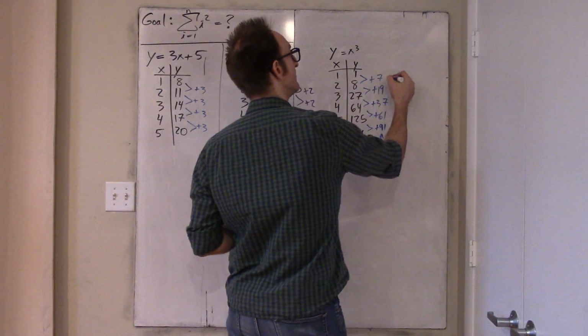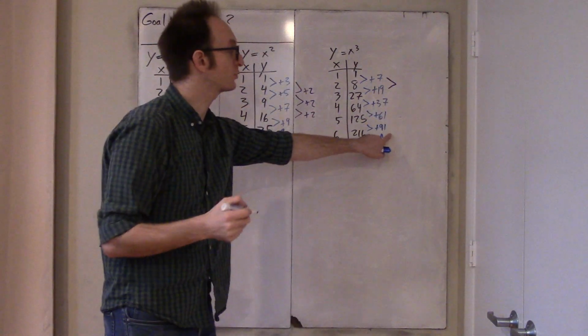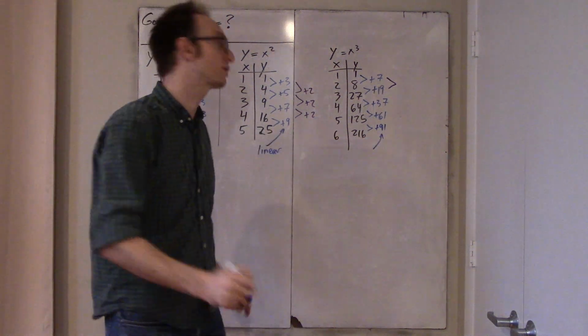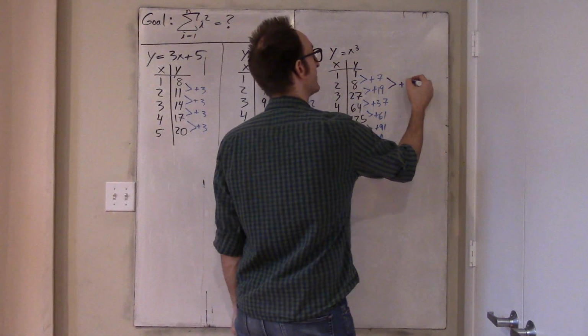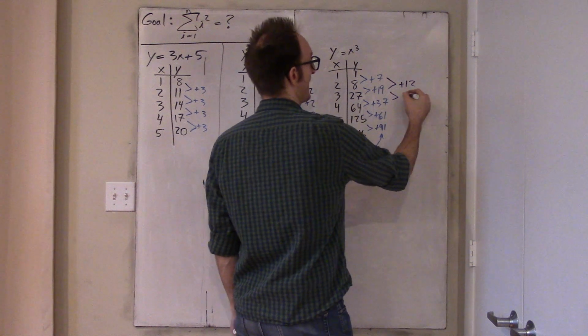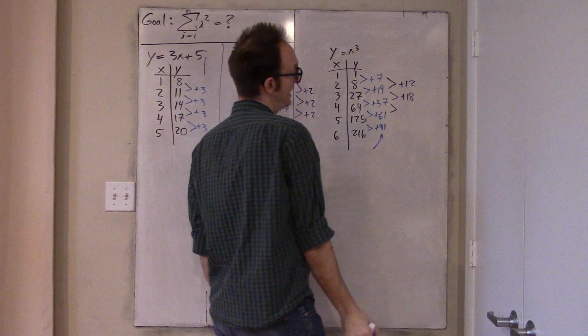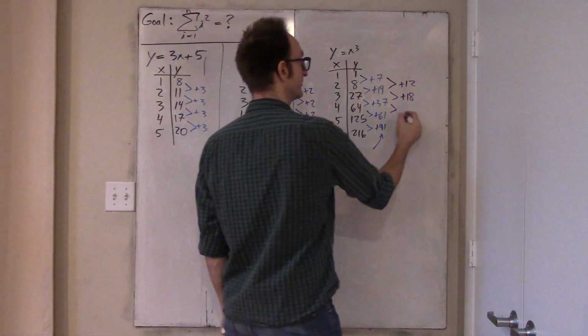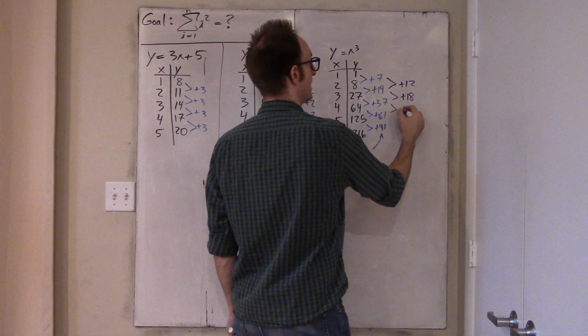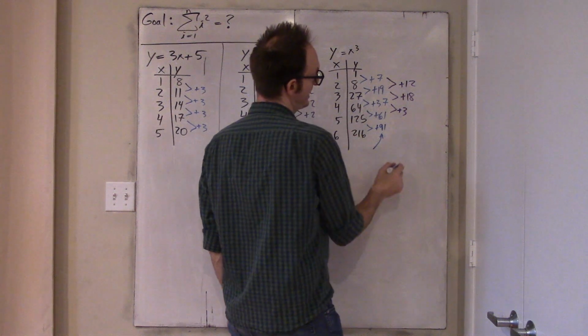So at what rate is this blue function increasing? Okay, well, we've gone up by 12, we've gone up by 18, we've gone up by something. What is that, 34? Did I even do that right? No, 24.